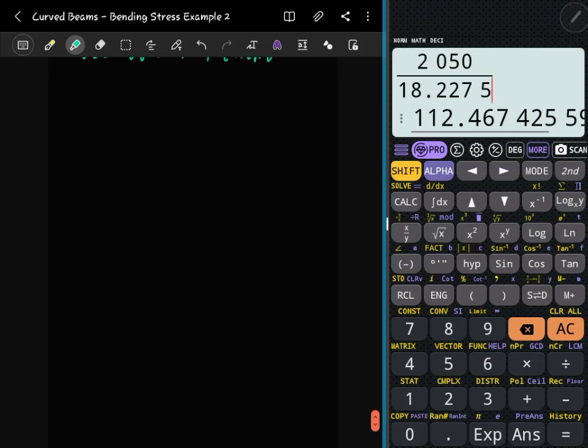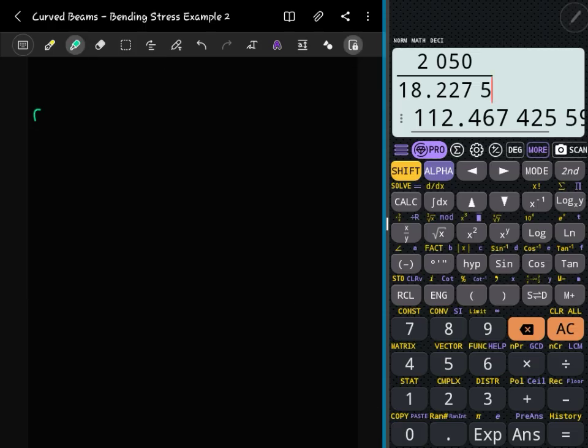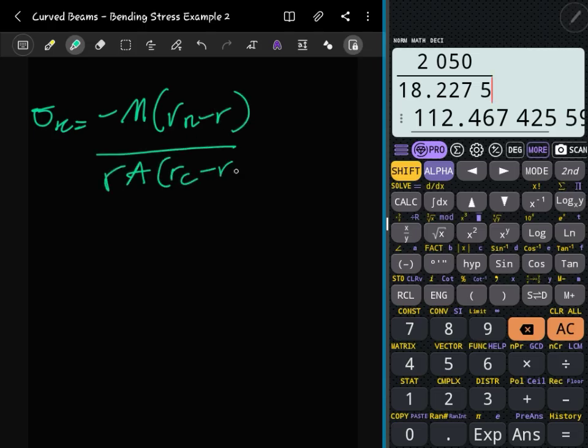Bending stresses. To find that, let's write out the formula. So we know the bending stress at a particular position is minus the moment, and then we have Rn minus R all on R A times the bracket RC minus Rn.